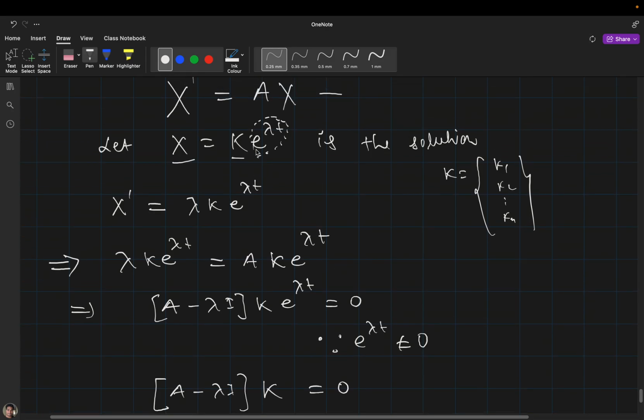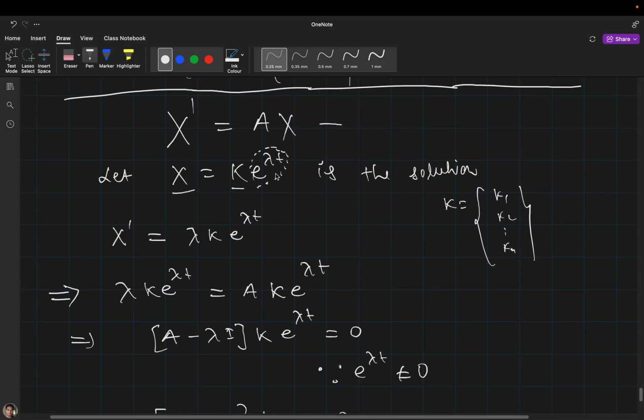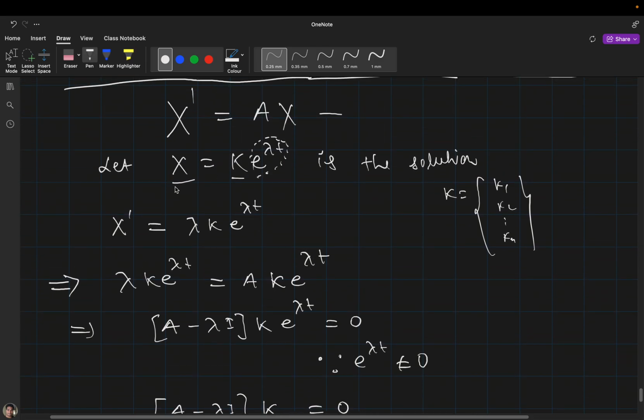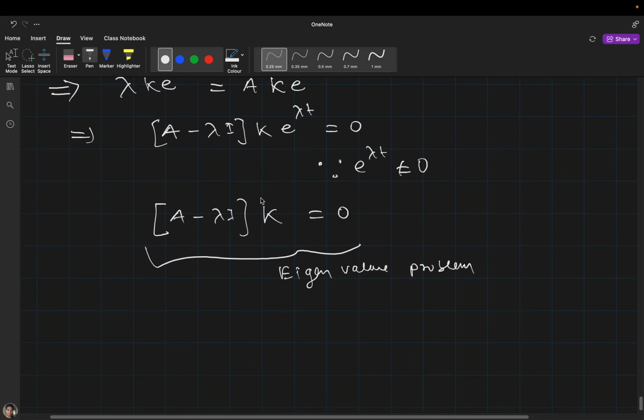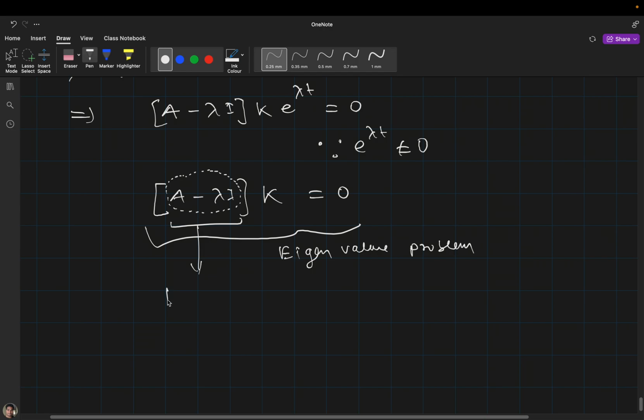If you get a trivial solution, then all solutions will be 0, and because of that the rank of the matrix should be the order of the matrix minus 1, which means that this matrix must be singular to get a non-trivial solution.